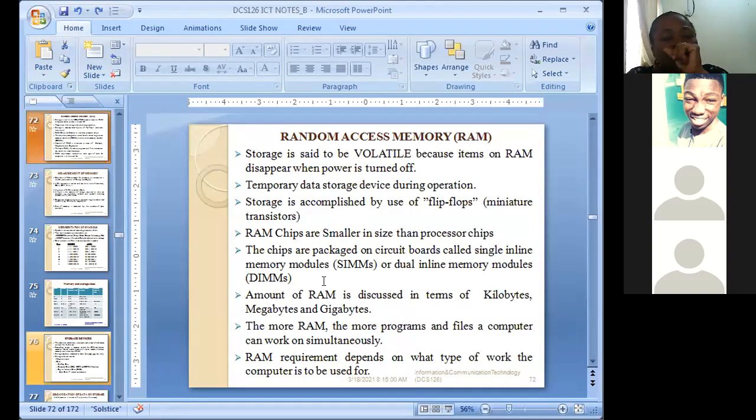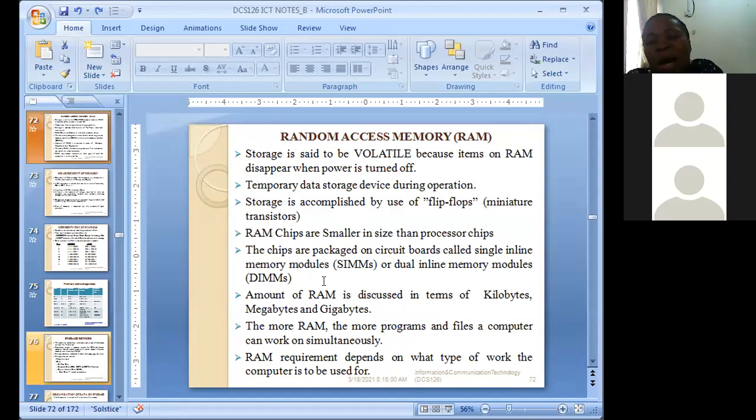Now, your laptop, those of you that have a laptop, you may not experience what we are saying, because when your laptop battery has charged and you disconnect it from the power source, whatever you are doing, the battery charge will keep your RAM going.